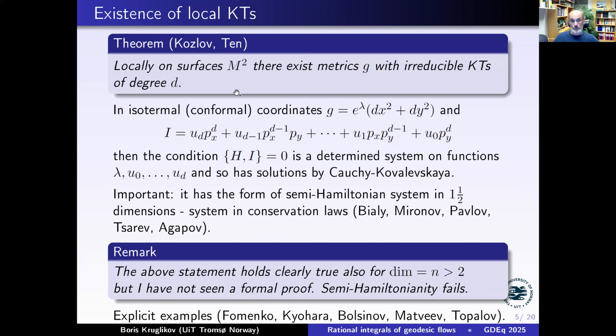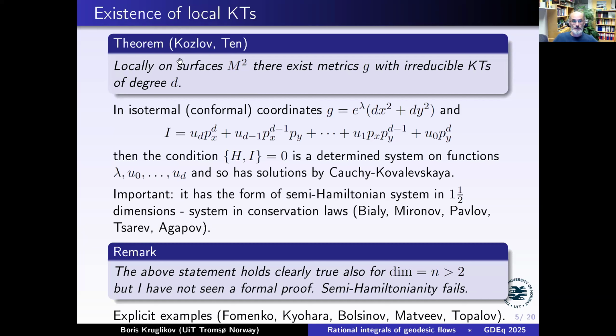Those would be called reducible, and those which cannot be obtained by linear combinations and products from integrals of lower degrees should be called irreducible. The theorem, which goes back to Kozlov, was mentioned in his book, and an expanded proof is in a paper by Tenenblat, that on surfaces locally there are irreducible integrals of arbitrary degree.